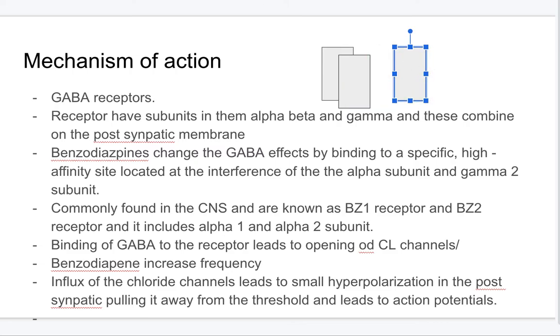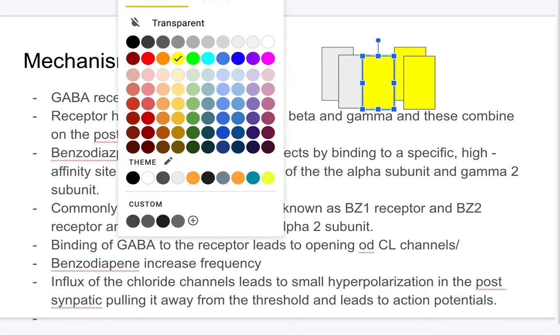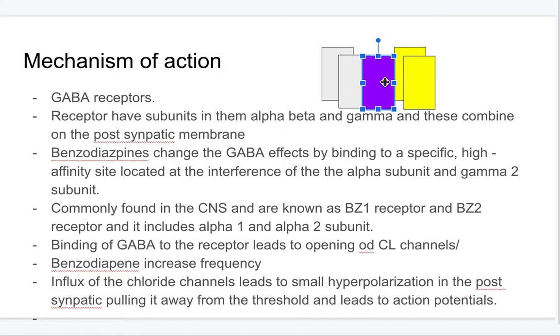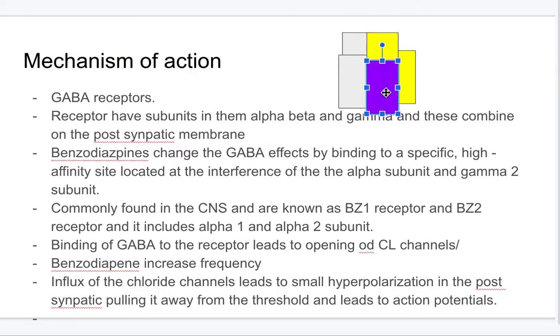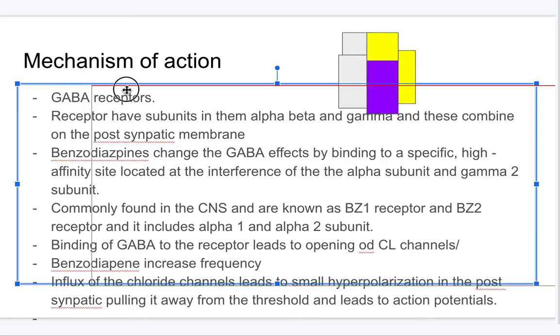So basically, what do benzodiazepines do? They increase GABAergic activity. It really doesn't do much by itself; you can say it in one sentence: they increase GABA activity, and they bind to the GABA receptor.